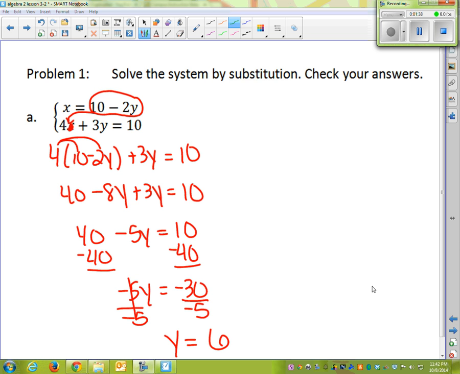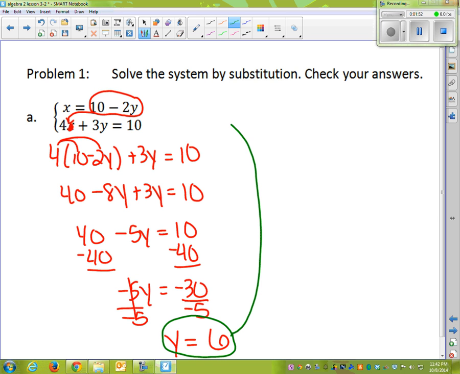I'm going to do substitution again because I need to know what x is. Well, I know that x is 10 minus 2y, so I can take that my y is 6 and substitute it back into that first equation.